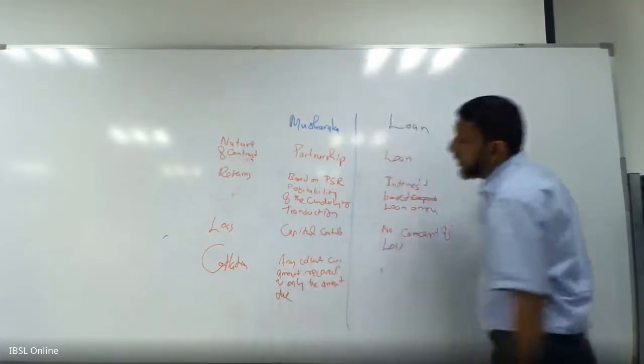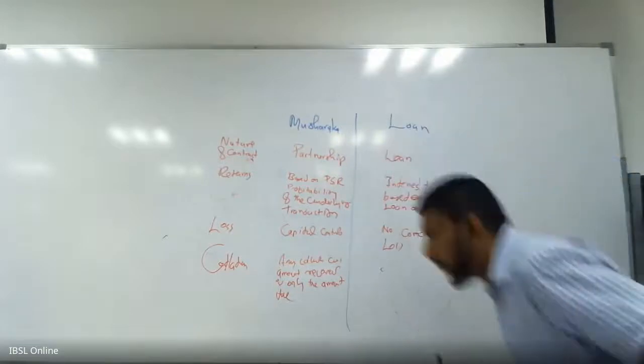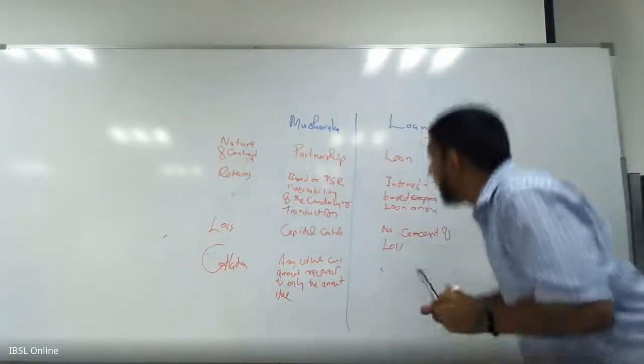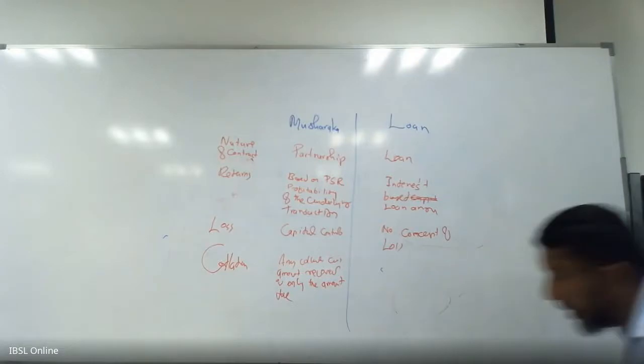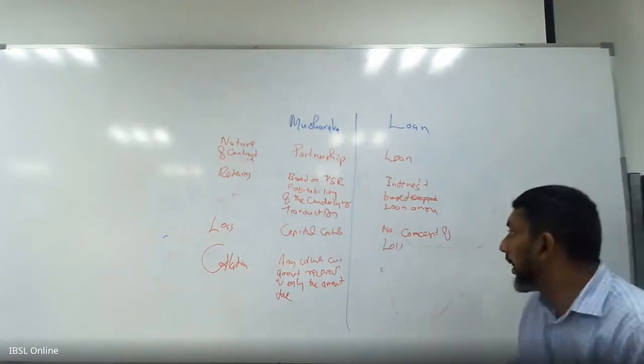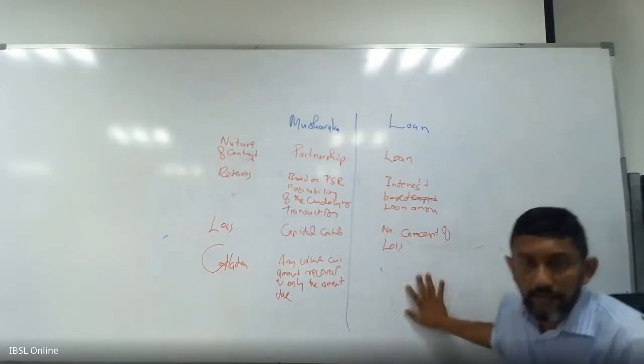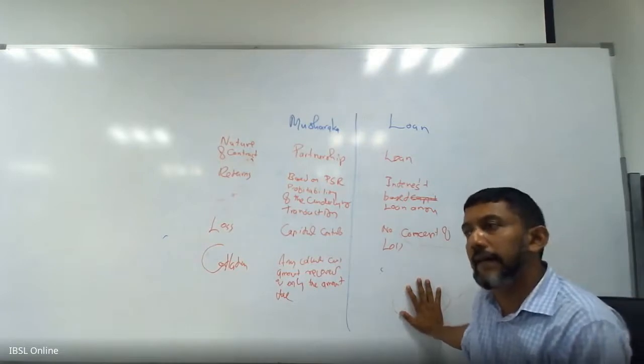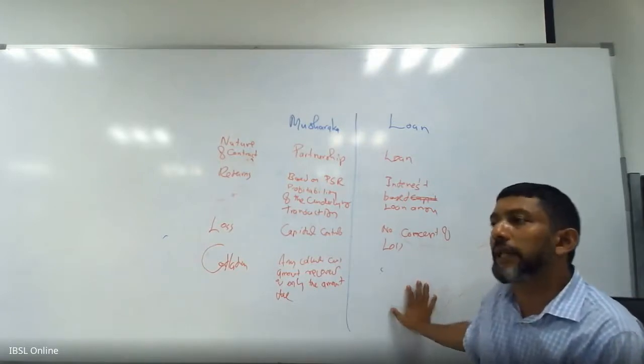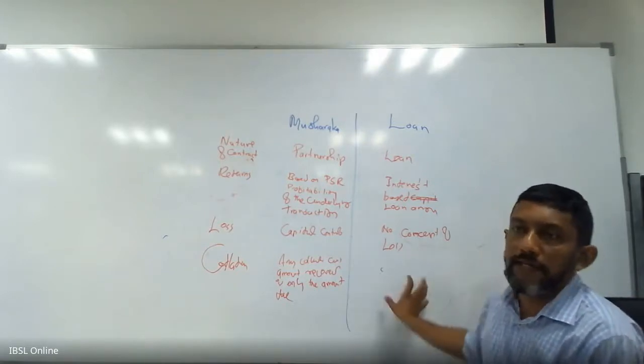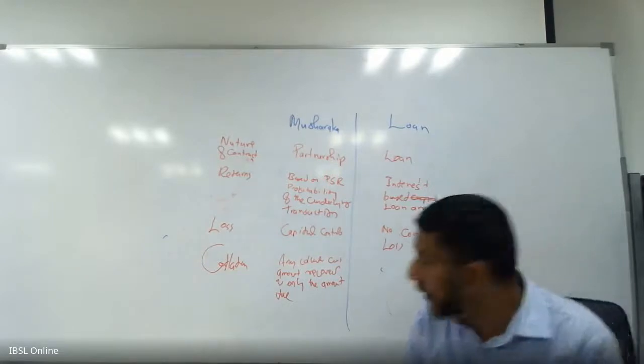Amount recoverable is limited to only the amount due. Here, any collateral can be accepted, and you can recover the capital, interest, penal interest, and any other charges, something like that.